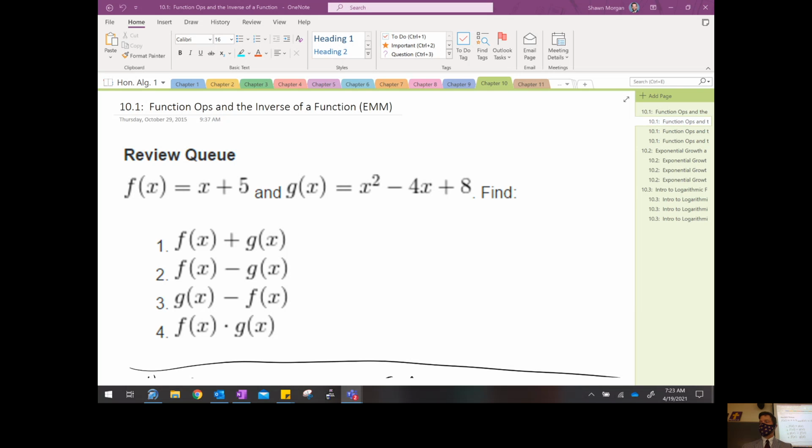Y'all have some quiet little church mice this morning. We'll take about 30 more seconds.